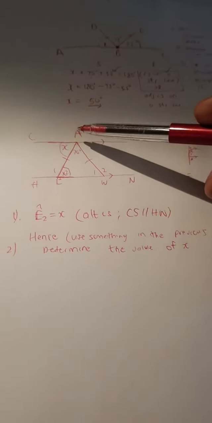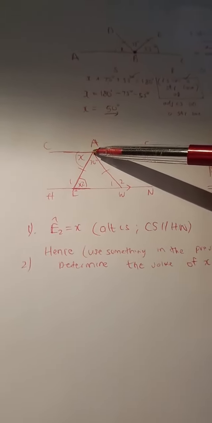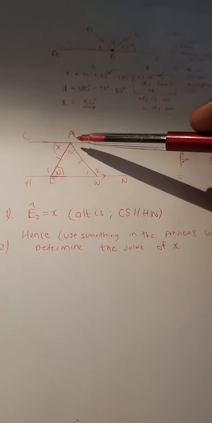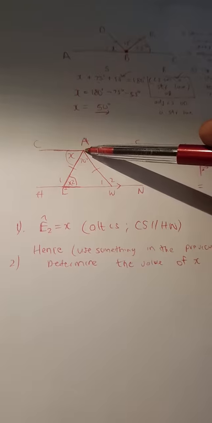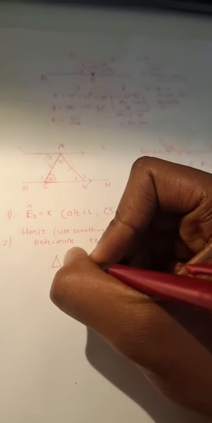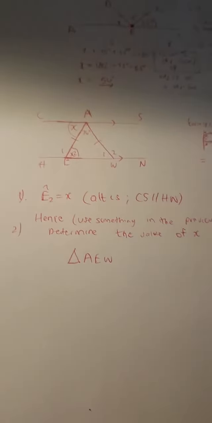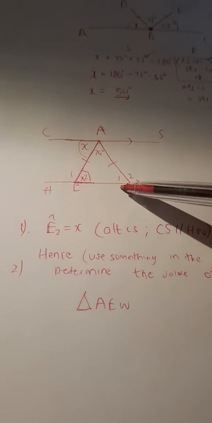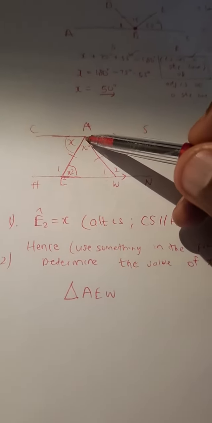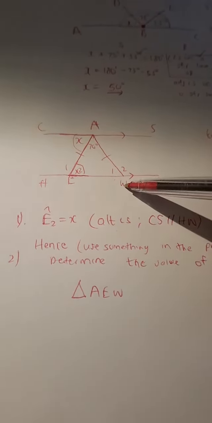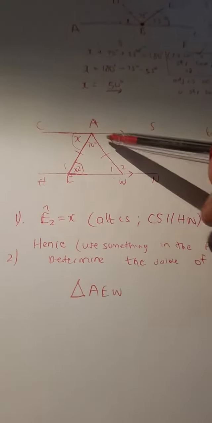So I think we can all agree that we have a triangle here. Very good, Juice, you are thinking in the right direction. We have a triangle AEW here. This triangle AEW is an interesting triangle because what kind of triangle is AEW? You can see, guys, that we were told that AE is equal to AW. So what kind of triangle is this?